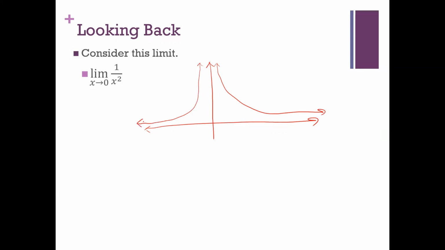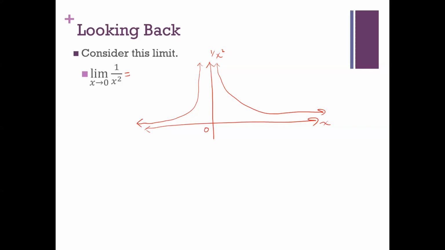As I get closer and closer to x equals 0, then 1 over x squared gets larger and larger. I can make the value of this function as large as I want.